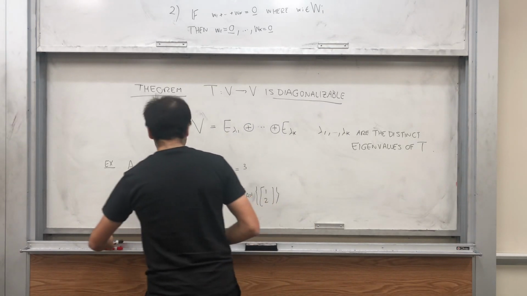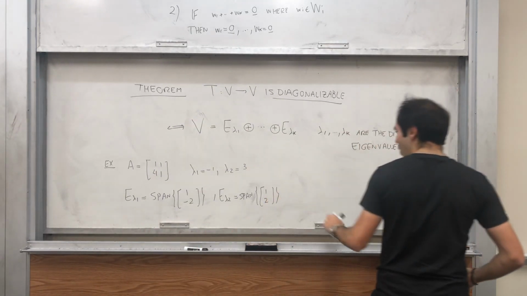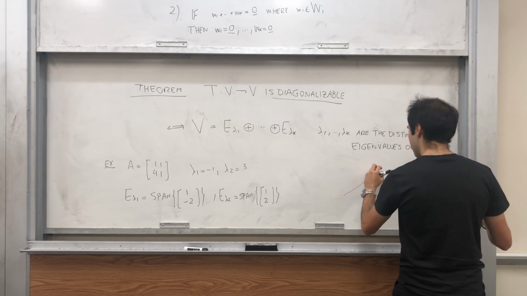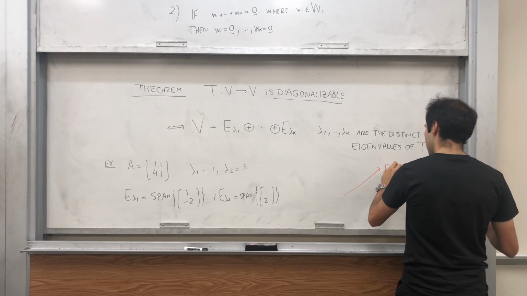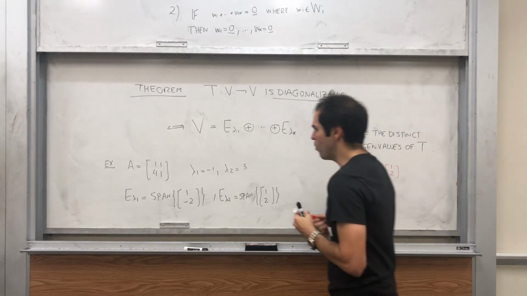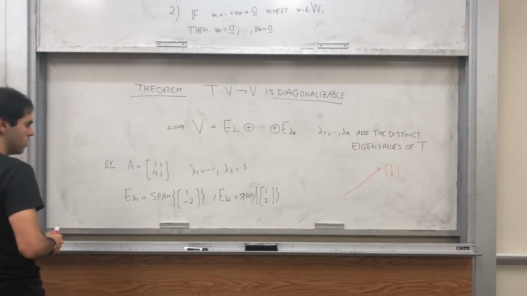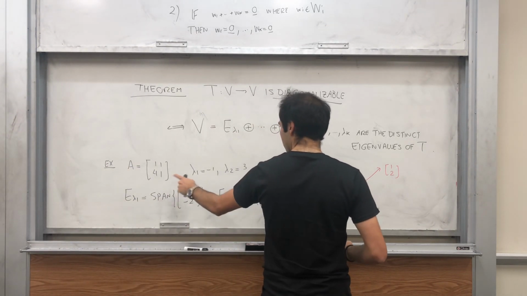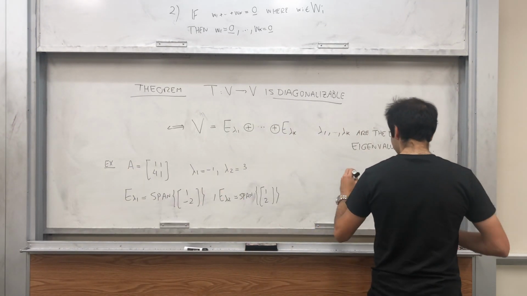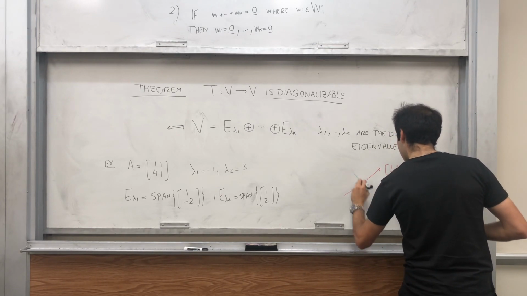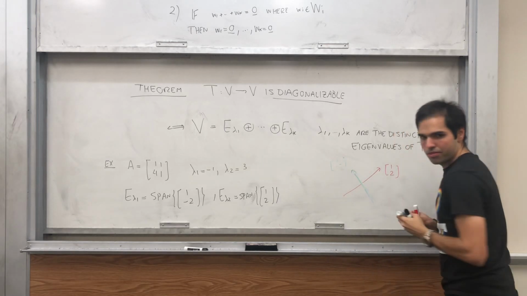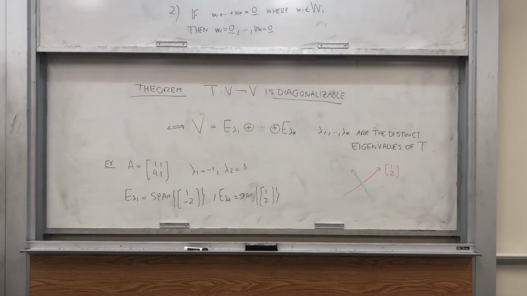So in other words, there are two axes, one that's spanned by 1, 2, which looks like that, and the other one that's spanned by 1, -2.